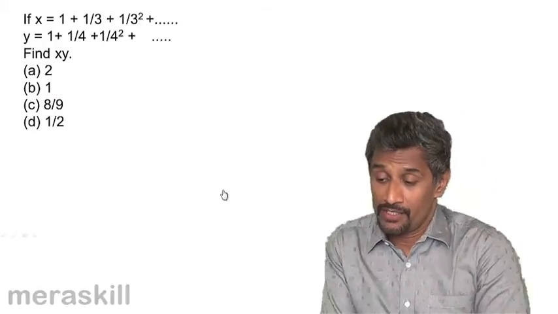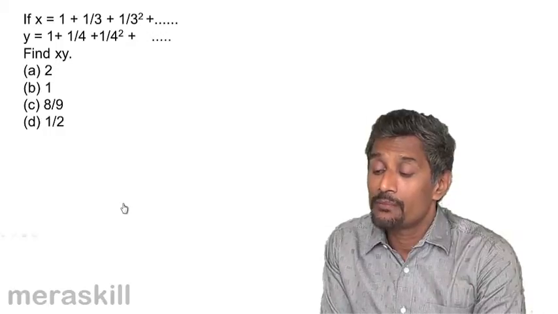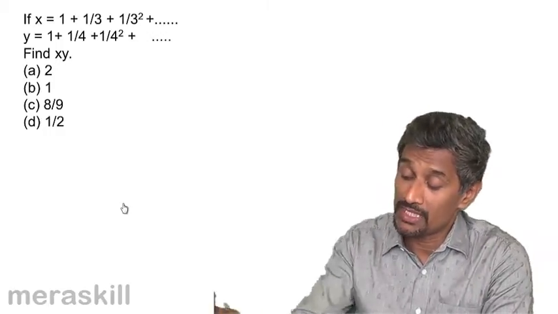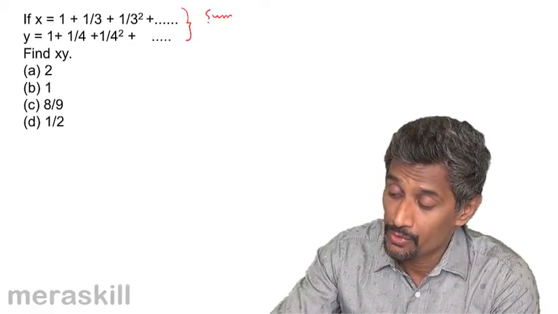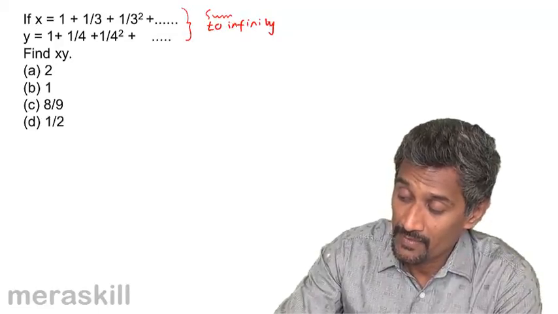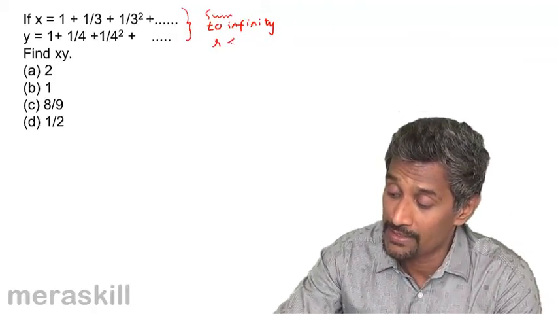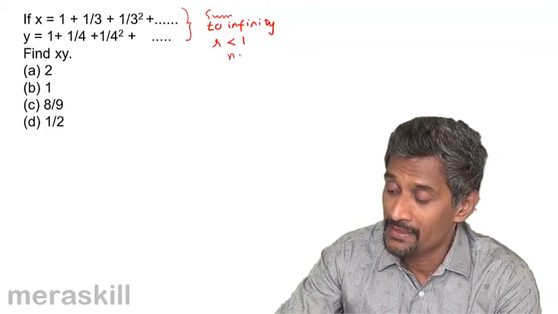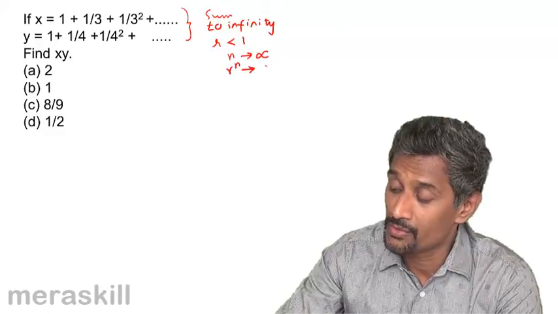Okay, here we have an interesting question. x is equal to 1 plus 1 by 3 plus 1 by 3 square plus dot dot dot, which means that both these are sums to infinity. That is, we are considering adding up terms to infinity, and more so r is less than 1. If r is less than 1, as n tends to infinity, r raised to n tends to 0.